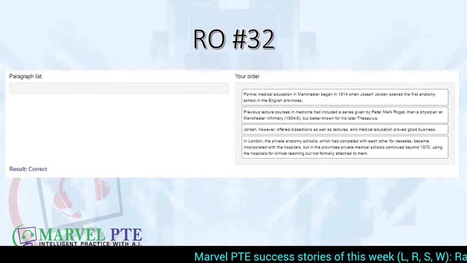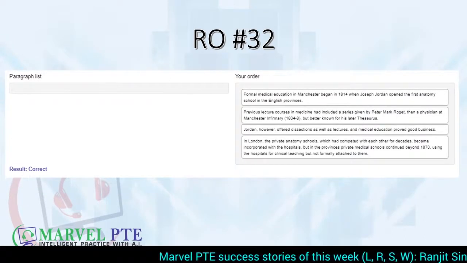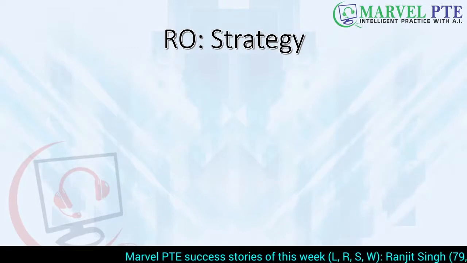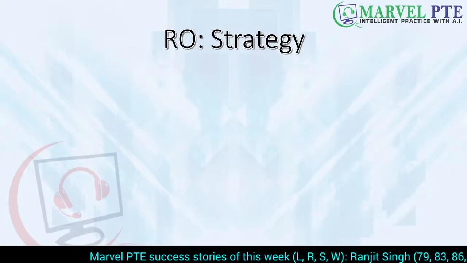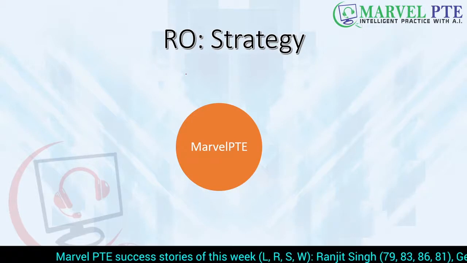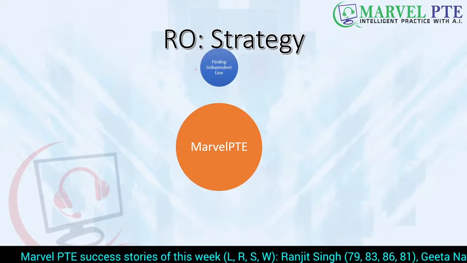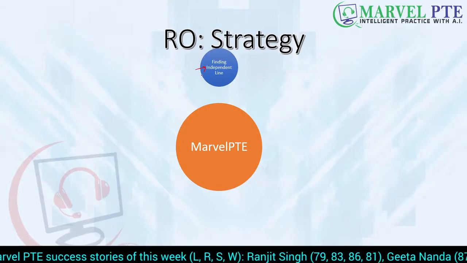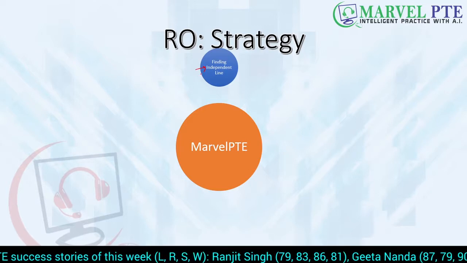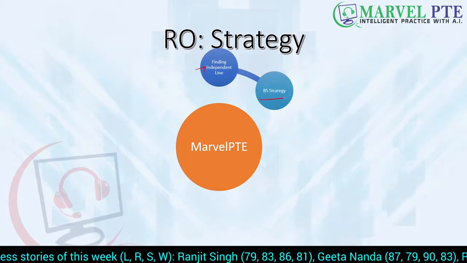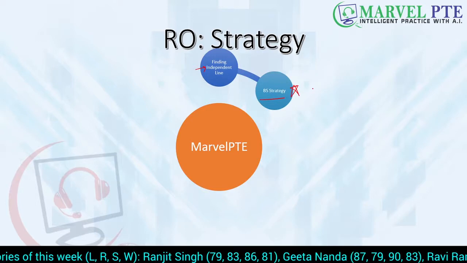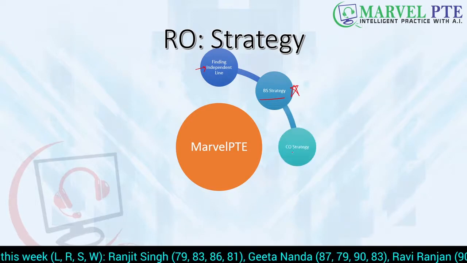Let's see if all the answers are correct. Yes, all the answers are correct. So you saw our strategies are very useful and helpful. So what are our complete strategies? We find independent line. There are certain rules like we have seen today, the rules for finding independent line. उसके बाद BS strategy, you had seen its implementation today, brought to specific strategy.